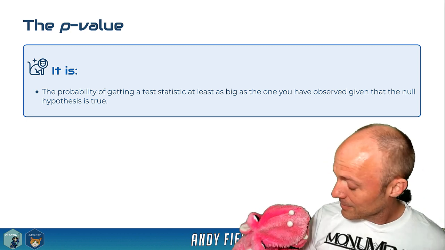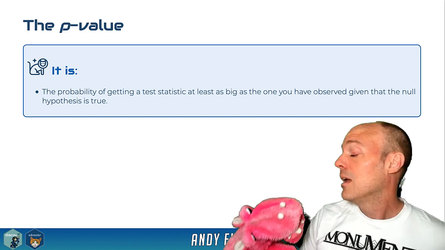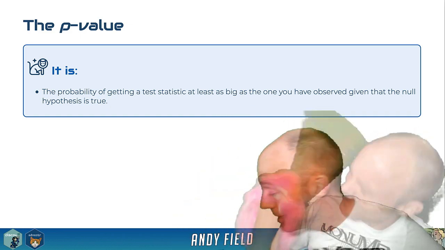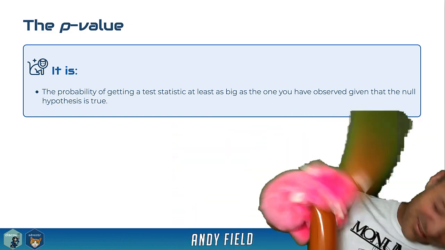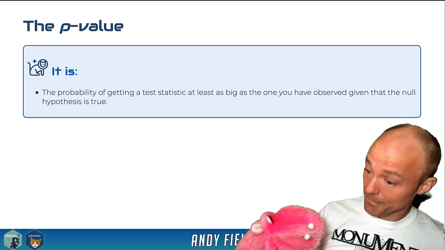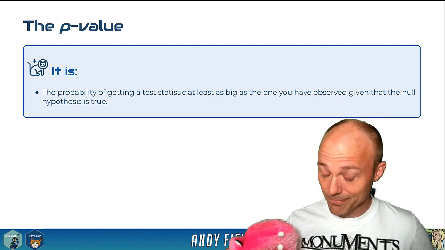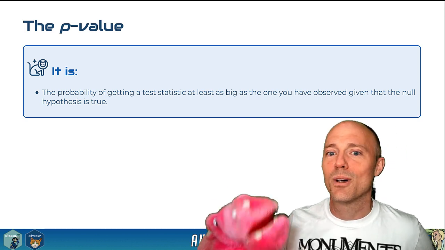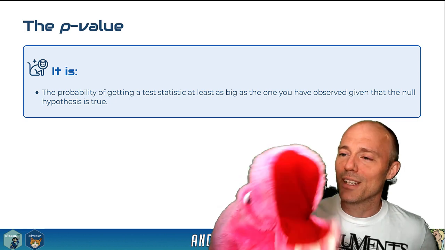Seriously? The p-value is the probability that the alternative hypothesis is true. So it's not any of them then? No. It's the probability of getting a test statistic at least as big as the one we have, given the null hypothesis is true. Don't forget it.